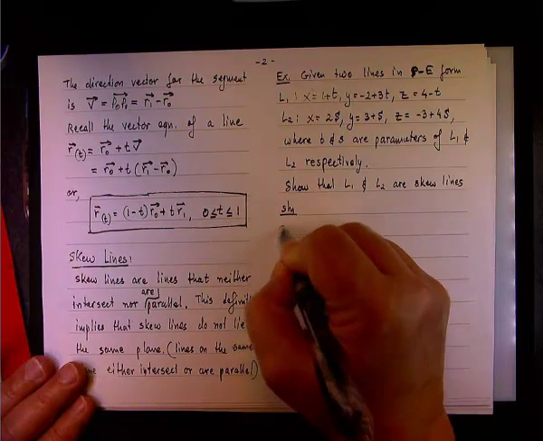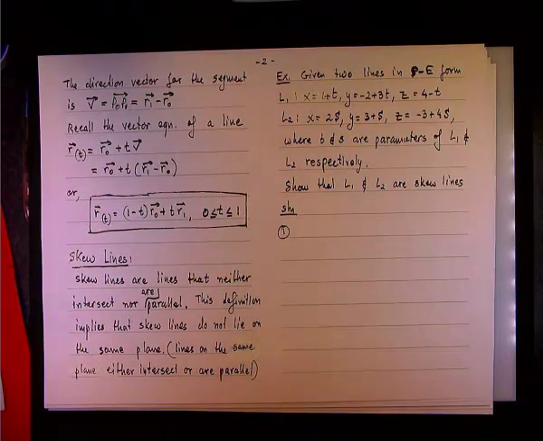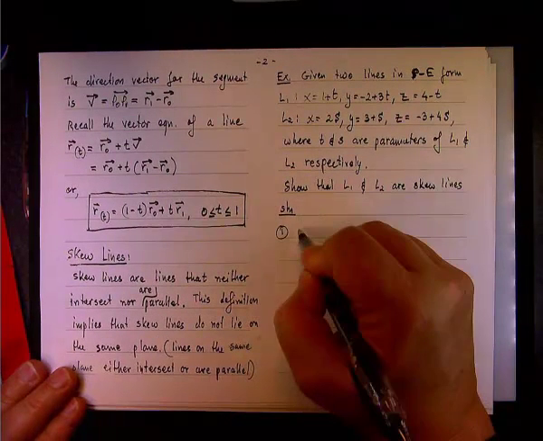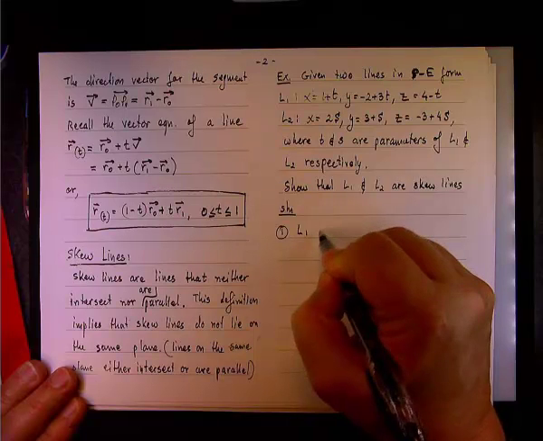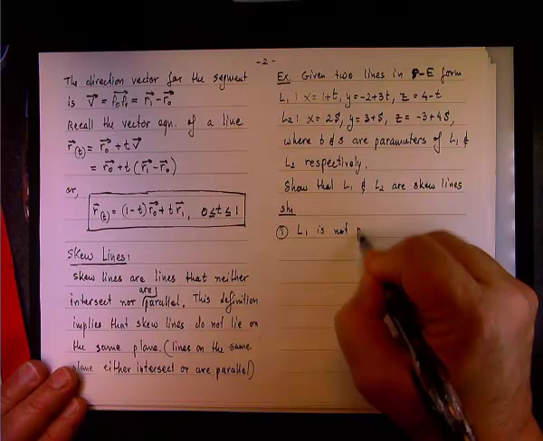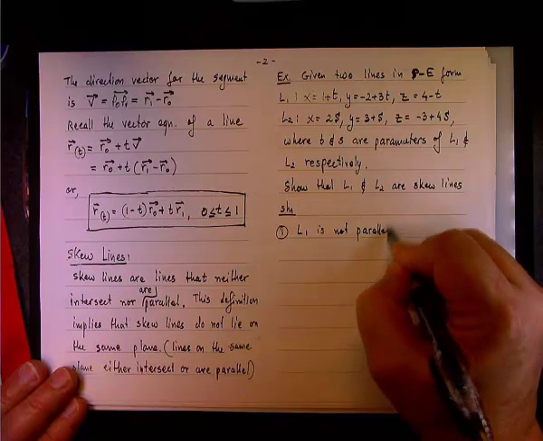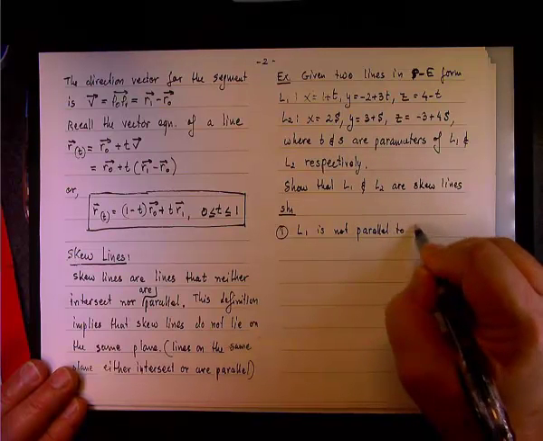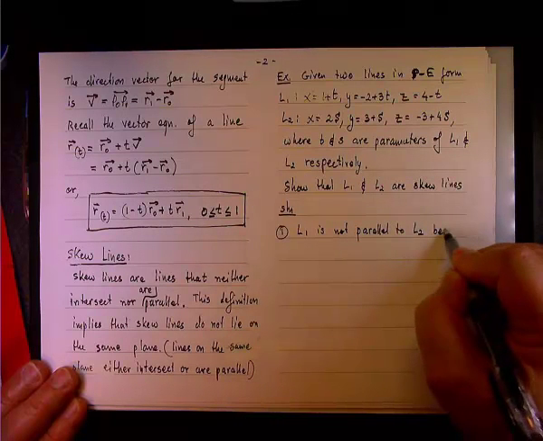So, the solution. By the definition, they are neither parallel nor intersect. So we need to show that neither of those two conditions holds. We're going to start with the first condition.